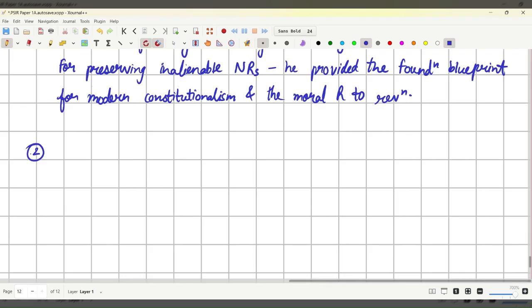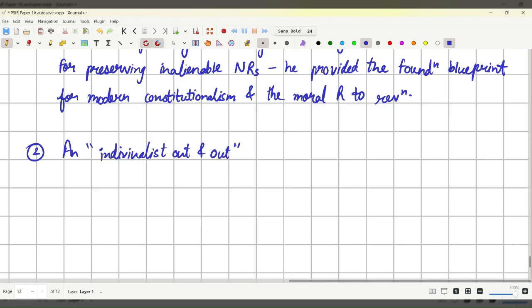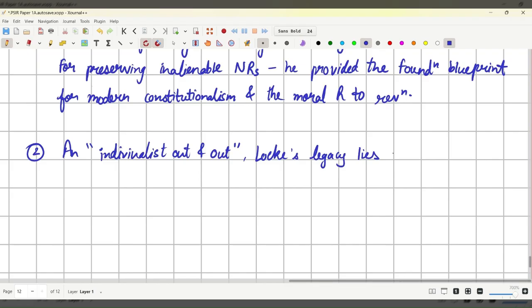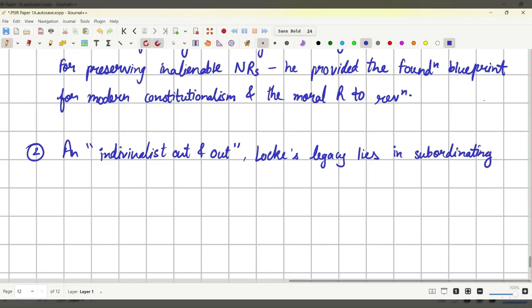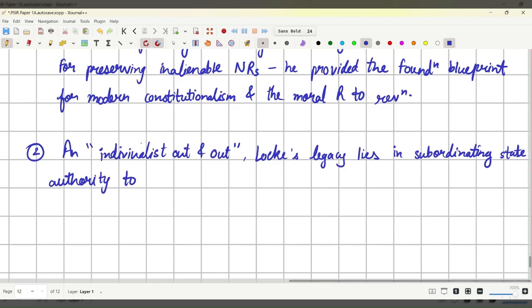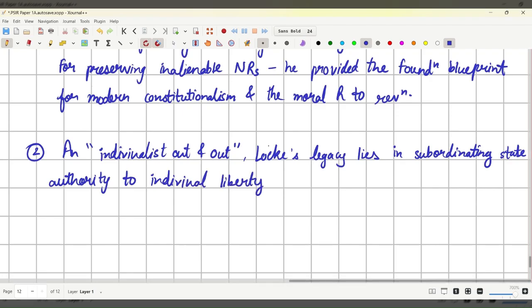Then the second conclusion is about his individualist and rights angle. An individualist out and out, Locke's legacy lies in subordinating state authority to individual liberty and property.